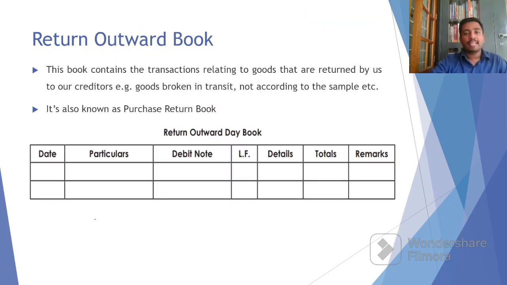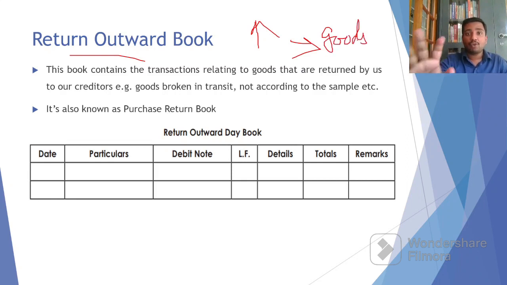Now moving to the next subsidiary book, that is known as the return outwards book. Here we need to think about what is moving out of the business. The goods are moving out of the business, which means what we have purchased and is found to be defective, we are sending back to our supplier.